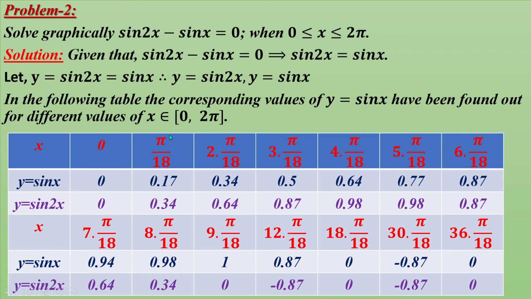Pi by 18 means 10 degrees, because pi is equal to 180 degrees, 180 degrees divided by 18 means 10 degrees. But you have to use 2 into pi by 18. Pi by 18 means 10 degrees, but you have to write pi by 18 because here the range is in pi, that means in radian. Remember this. And by using a calculator you will find the value.